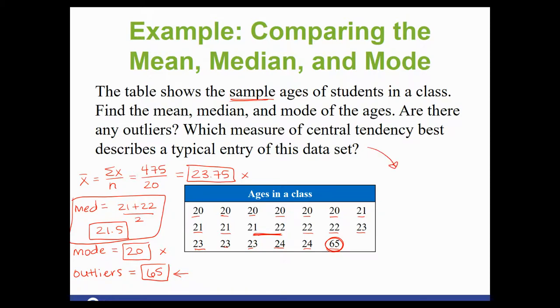So the one that is best is the median, because we had an outlier. If you didn't have an outlier, we would use the mean.